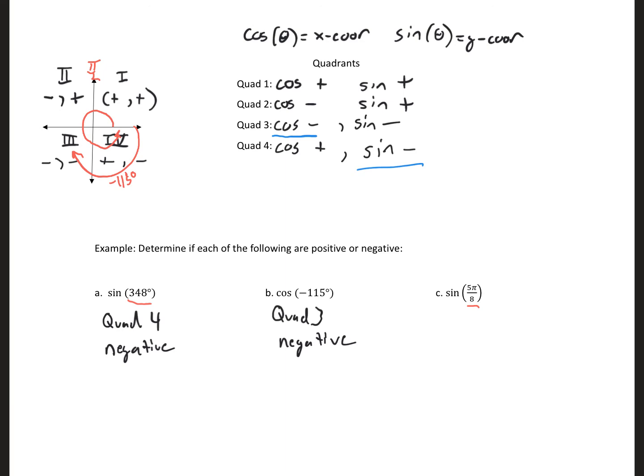So if I asked you about sine of 5 pi over 8, you would be landing somewhere in quadrant 2. This is in quadrant 2. And in quadrant 2, sine is positive. So sine of 5 pi over 8 will be positive.